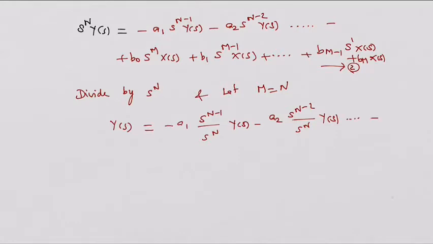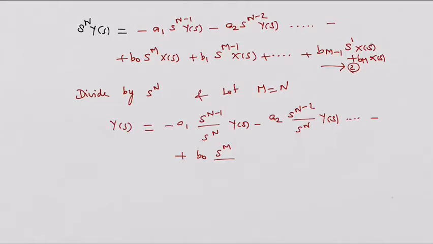The last term of this expression will become bm, s power m divided by, what is the factor? You have to divide by s power n on both the sides.